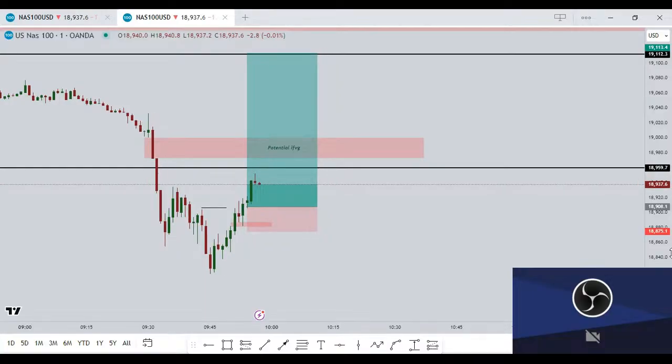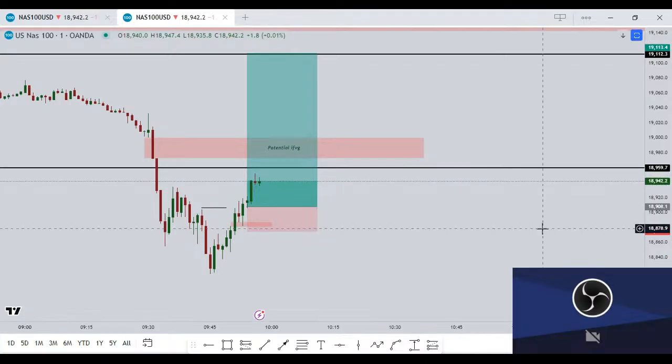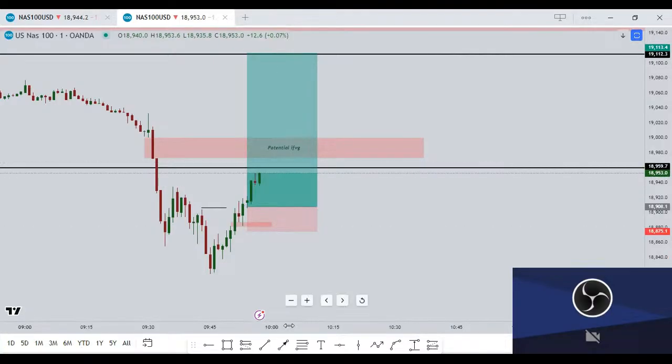Okay, this is the image. So this is another fair value gap that you can add another entry inside. You can add another entry inside that fair value gap. This very fair value gap. Okay. Second entry.